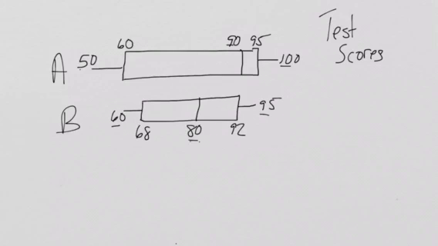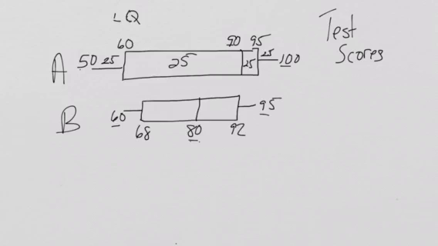But let's look at the lowest score in Class B, the lower extreme. And this one is called the lower quartile up here on Class A. So 25% of the kids in Class A, that's the 25%, did worse than the lowest kid in Class B. Now remember that each one of these little areas is 25%.